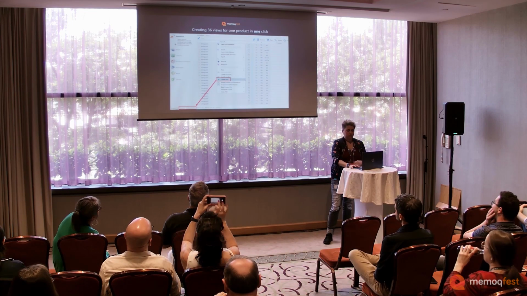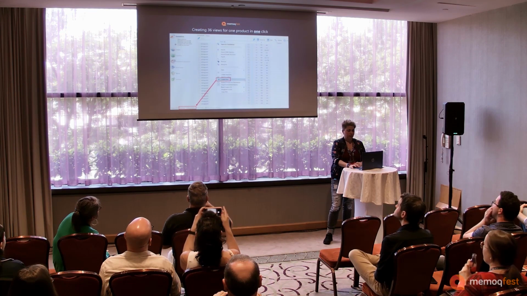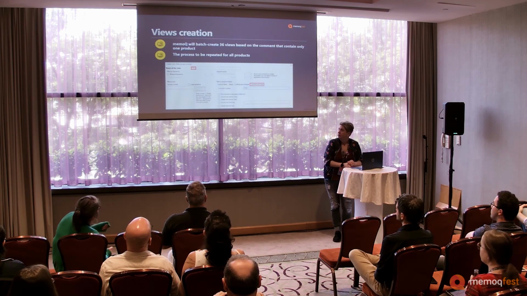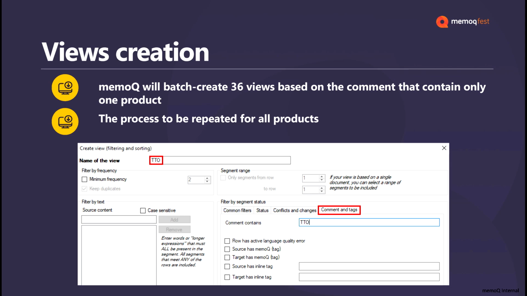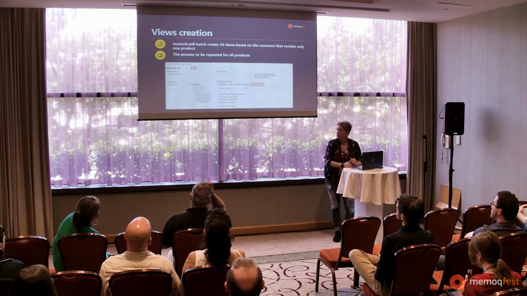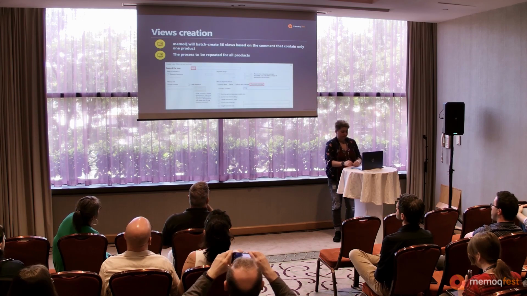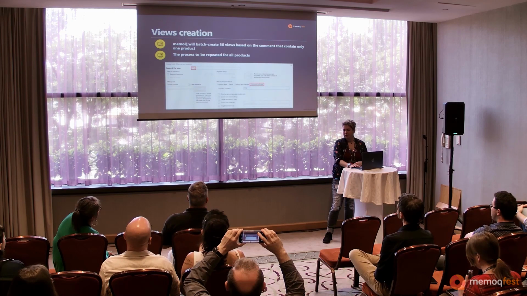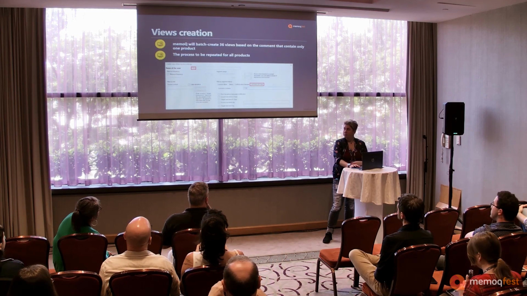So the PM creates the view, and they just mention the comment, or rather the product, under the comments in views. For example, one of the products was TTO, and then in one click, memoQ creates 36 views in just a few seconds. And then, of course, they repeat the process for all the other products.